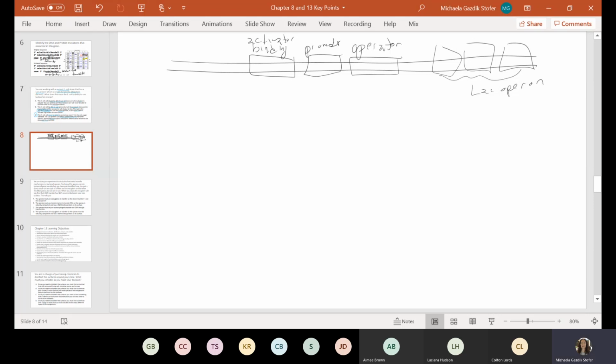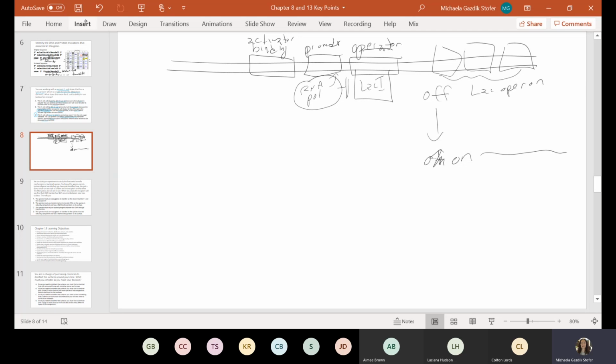What's normally happening is the LAC-I protein, because it's a repressor protein, will always bind to operator sites, and they physically block RNA polymerase. So RNA polymerase wants to bind to the promoter to do transcription, but with LAC-I in the way it can't, and so this is off. The only way we can go from off to on, which would then allow our transcription, is if we remove that LAC-I.